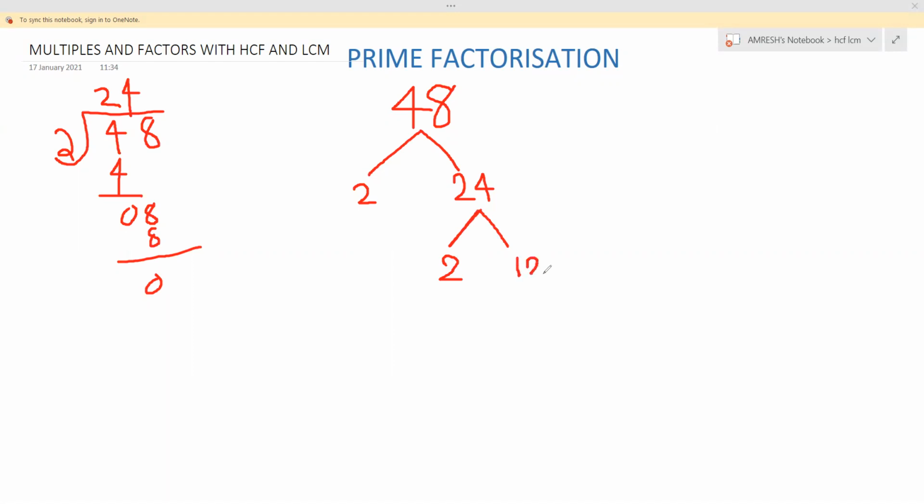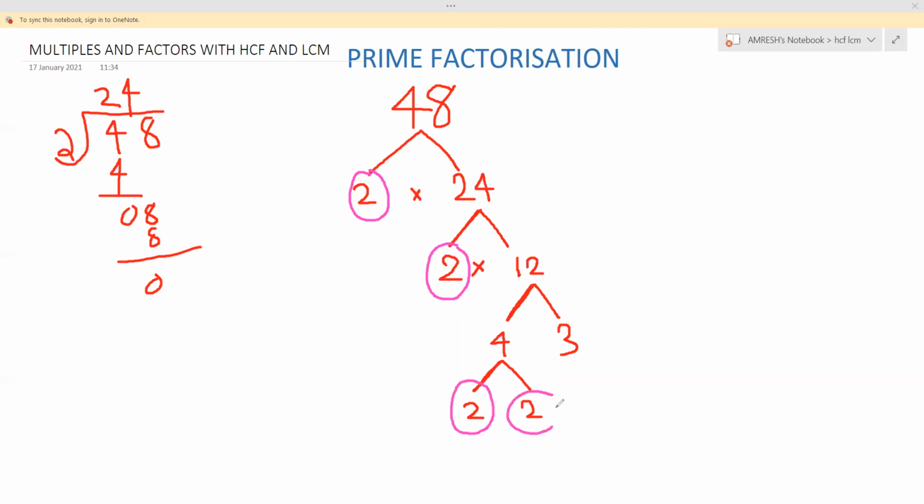You remember the table of 12, up to 15 at least you have to remember, not just 10. Now in 12 you can write 4 and 3. 6 and 2 also you can write, but I am telling 4 and 3. From 4 also you can write 2 and 2. Now circle the prime numbers: first 2, second 2, third 2, fourth 2, and one 3.